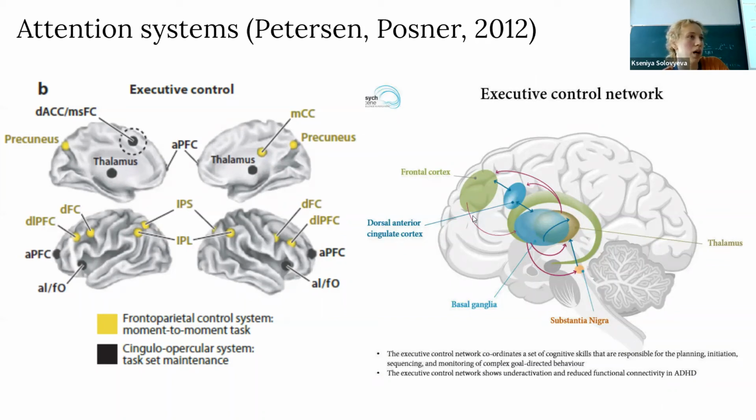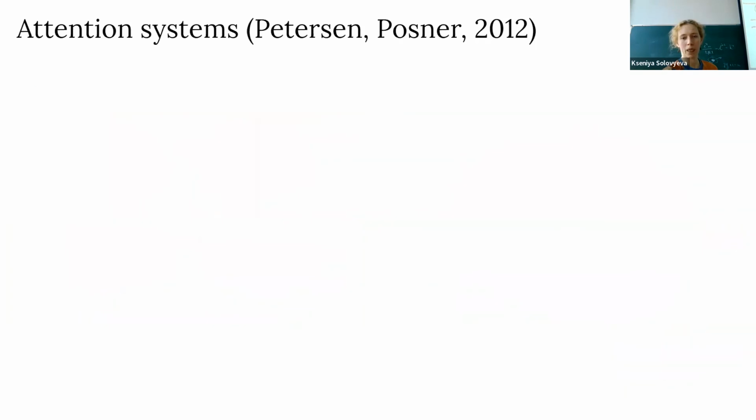For example, when you want to go from here to room number 123, you have a special goal and you have increased activity in the frontal cortex.